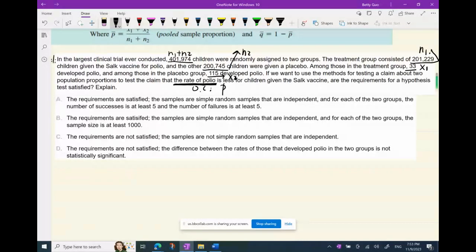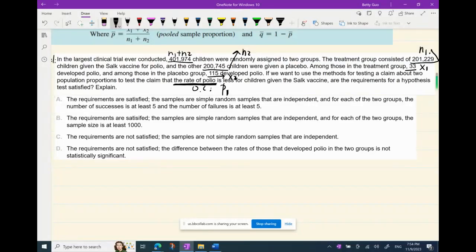Those are the information we are given, and we are going to use P sub 1 to represent the rate of polio in sample 1, and P sub 2 represents the rate of polio in sample 2, the placebo group.